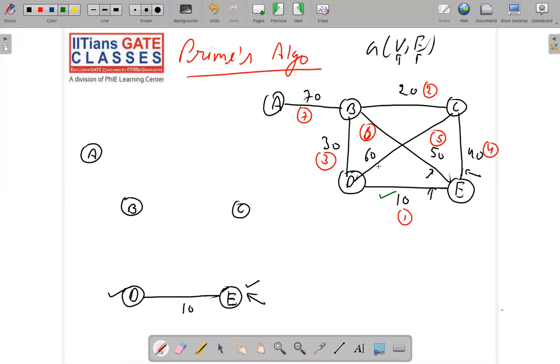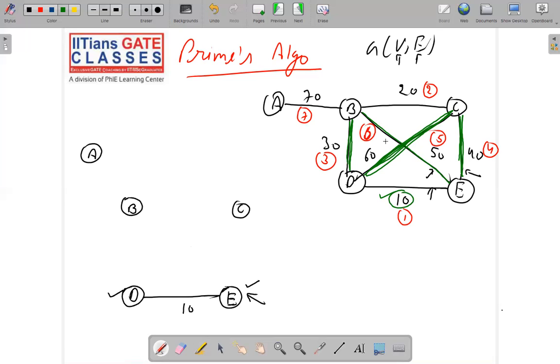All the edges attached to D and E: this one, this one, another one is this one, and another one is this one. So these all are the edges attached to D as well as E. Because 10 we have already selected.